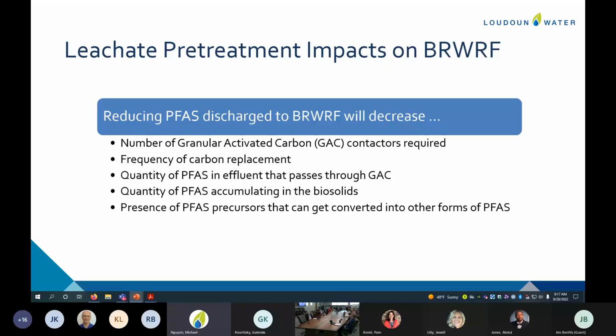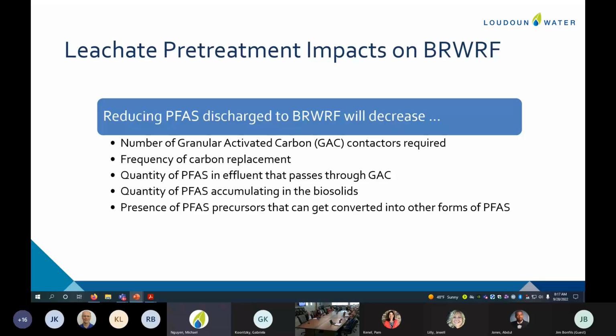So we need to know, if we don't have it in the first place, how much does that affect that accumulation process? What we're also going to talk about is PFAS precursors. We can measure 30 PFAS right now. And when you look at what happens across a wastewater treatment plant, you will see forms of PFAS in the effluent that you didn't see in the influent, because there's so many various forms that are unmeasurable that we can change into a form that we're measuring just by oxidizing it over time.